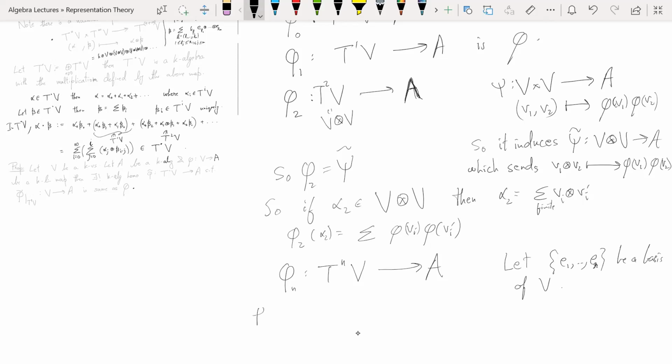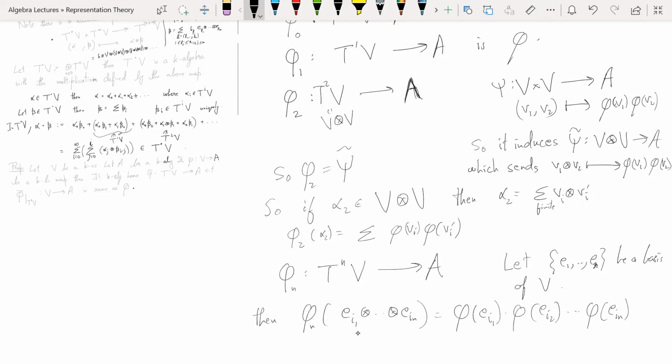Then phi n of e_i1 tensor up to e_in, where each e_ij is one of these e1 to er, you just send it to phi of e_i1 times phi of e_i2 times up to phi of e_in.